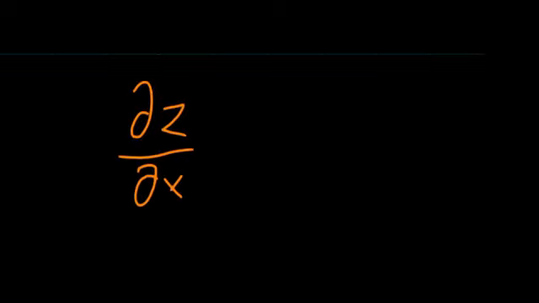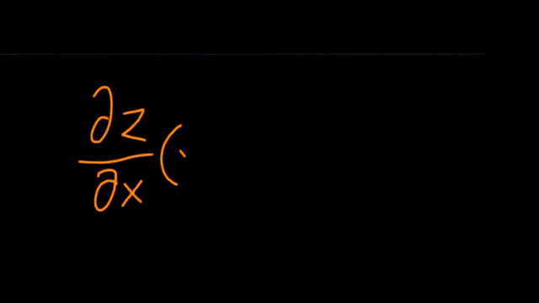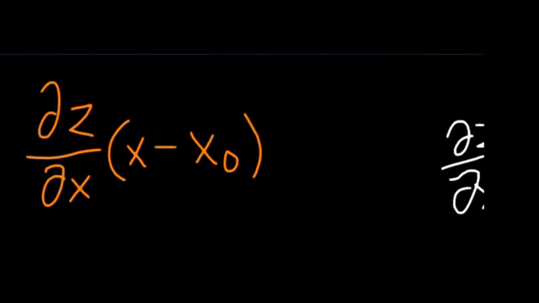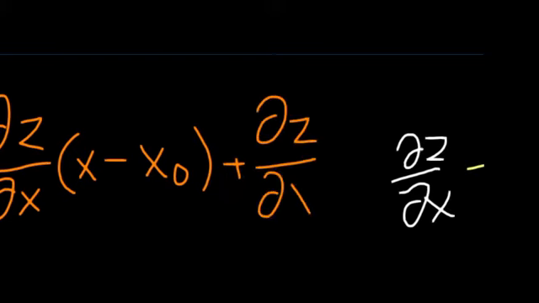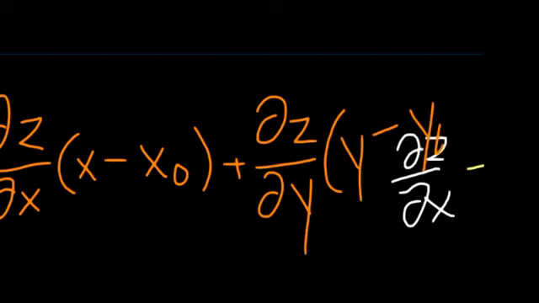Now we have partial z partial x times some function of x minus x sub 0, plus the partial of z with respect to y times y minus y sub 0.